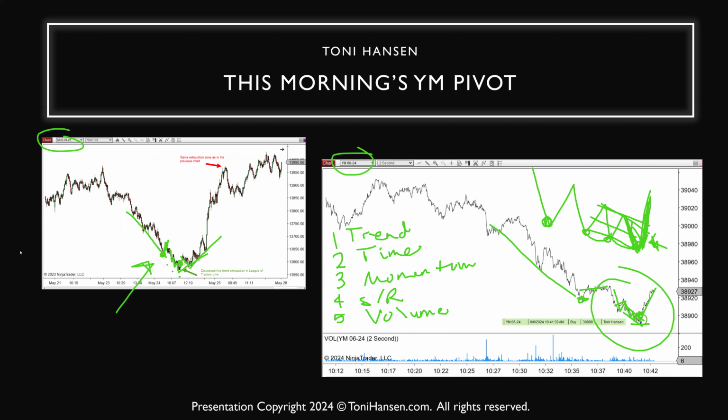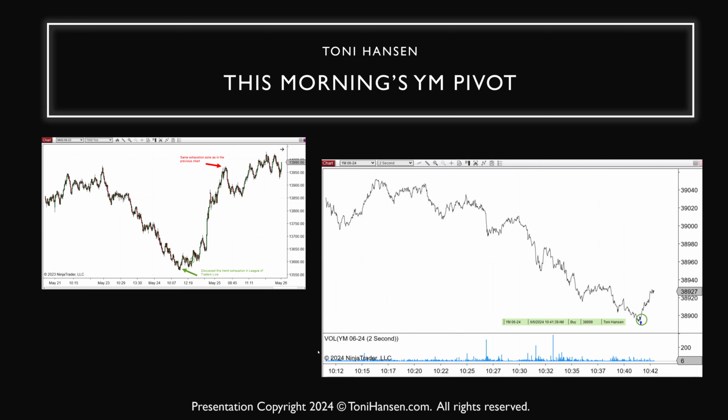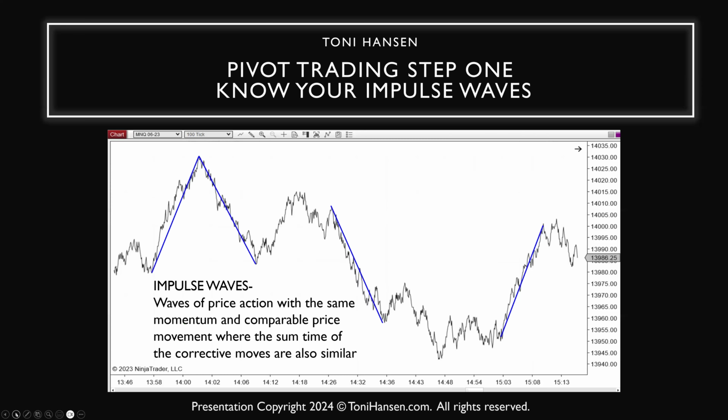And I'll show you more examples of this here as we go forward. But I want to just share with you how it really is possible to get in and out of these markets at close to the absolute highs and lows once you have built confidence in the systems that you trade.